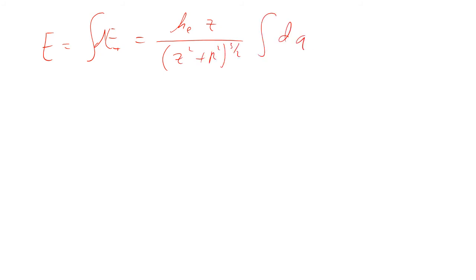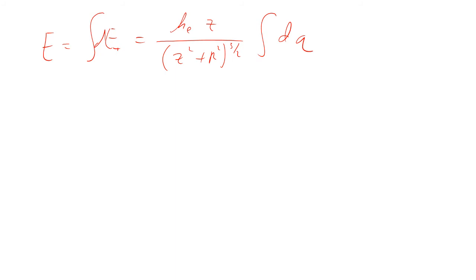And the E, which is the integral of the dEz's, ends up being k sub b z over z squared plus r squared to the 3/2 times the integral of dq.